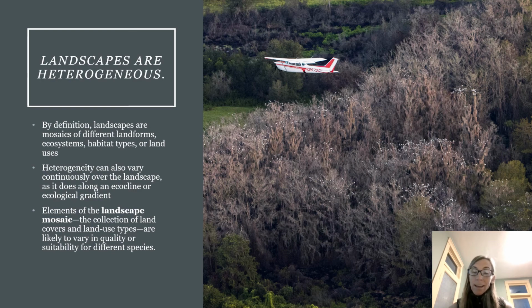Heterogeneity can vary continuously over the landscape, as it does along an ecocline or an ecological gradient. Elements of the landscape mosaic, the collection of the different land covers and land use types that we see in a given area, are likely to vary in quality and suitability for different species.